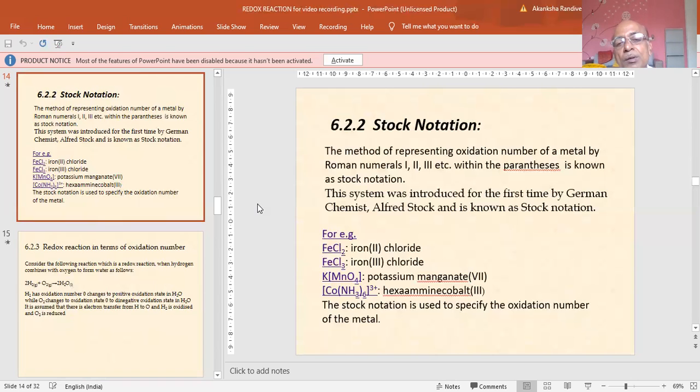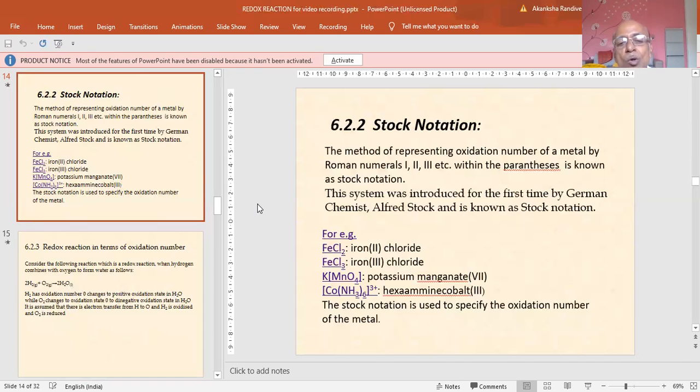And therefore, the oxidation number of iron is 2 in ferrous chloride. And therefore, the stock notation of this compound can be written as iron, and the oxidation number is written in a bracket. Oxidation number of iron is 2. So iron 2 chloride is a stock notation for FeCl2.